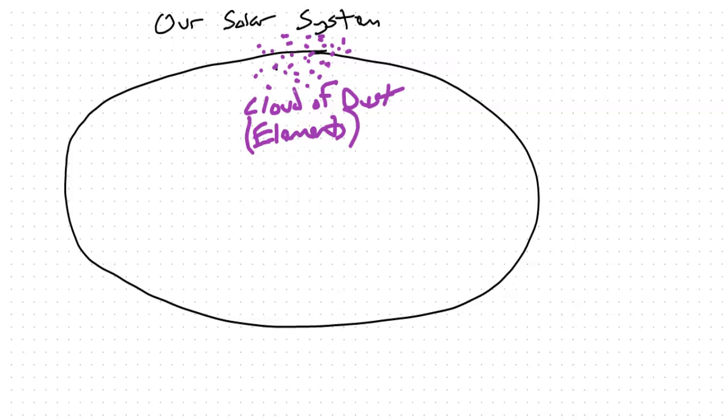Well, gravity starts to happen again. I mean, gravity is always happening. And then those particles start to tighten up into what's known as an accretionary disk.